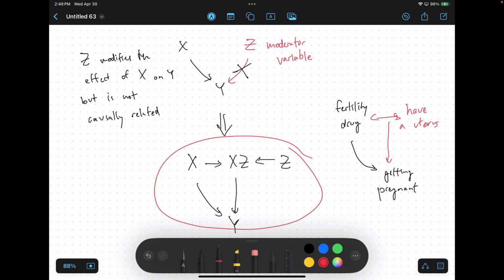But the moderator variable is whether or not you have a uterus. If you don't have a uterus, then that would modify the effect of the fertility drug on your ability to get pregnant, right? And so, yeah, having the uterus is essentially the thing that's modifying the effect of the drug.